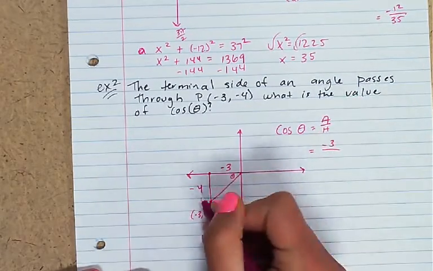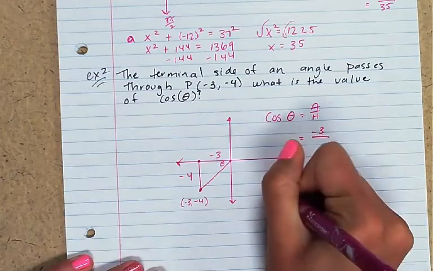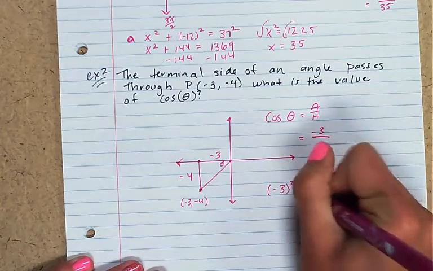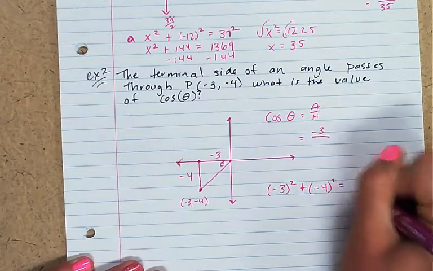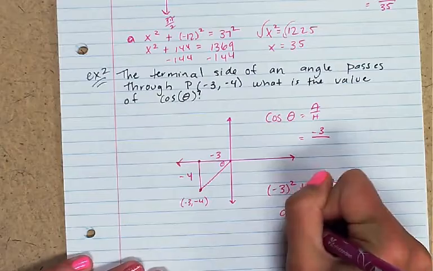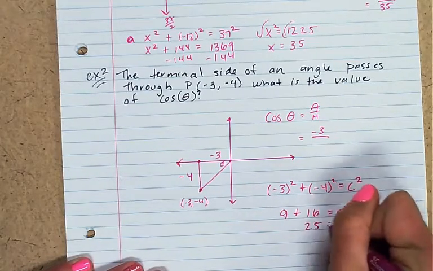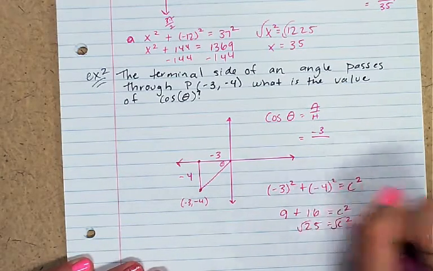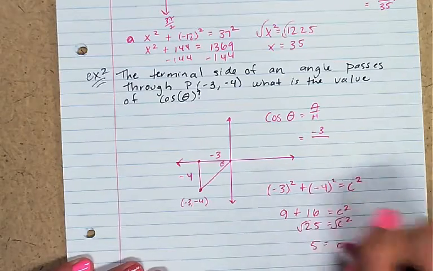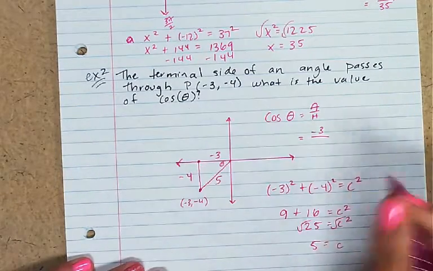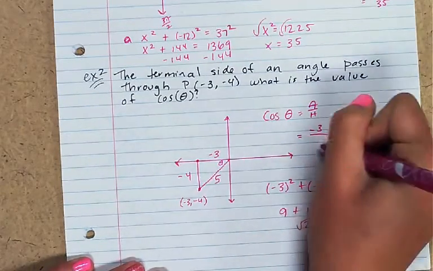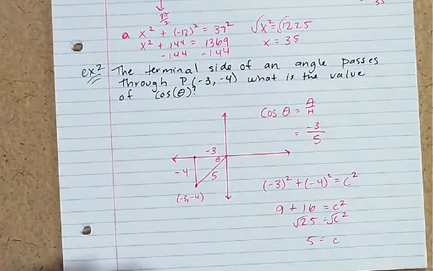Then we can do the Pythagorean theorem to get the hypotenuse. A squared plus b squared equals our hypotenuse squared. So we end up with 9 plus 16 equals c squared, and the square root of 25 is 5. The hypotenuse in all these is always positive. So cosine is going to be -3/5 because it's adjacent over hypotenuse.